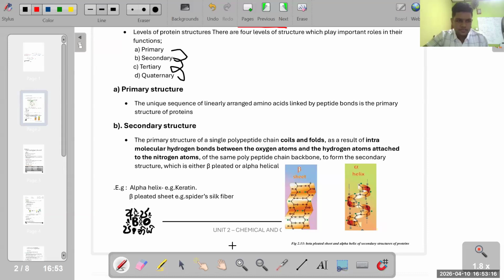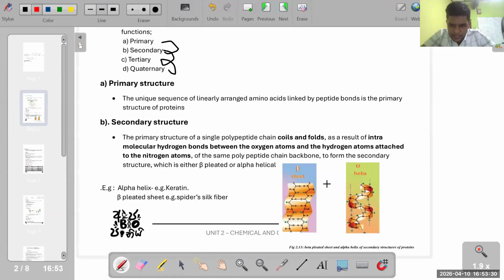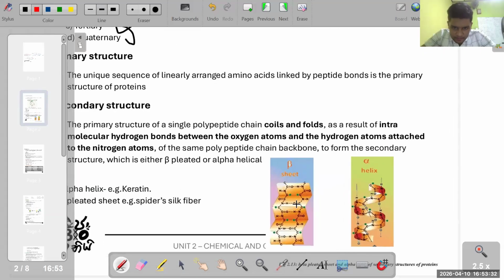So between the same backbone of the polypeptide chain, is it clear? Due to this hydrogen bond, it will get a structure like this. Now see here how the hydrogen bonds are formed between the polypeptide chains like this. Don't confuse them.